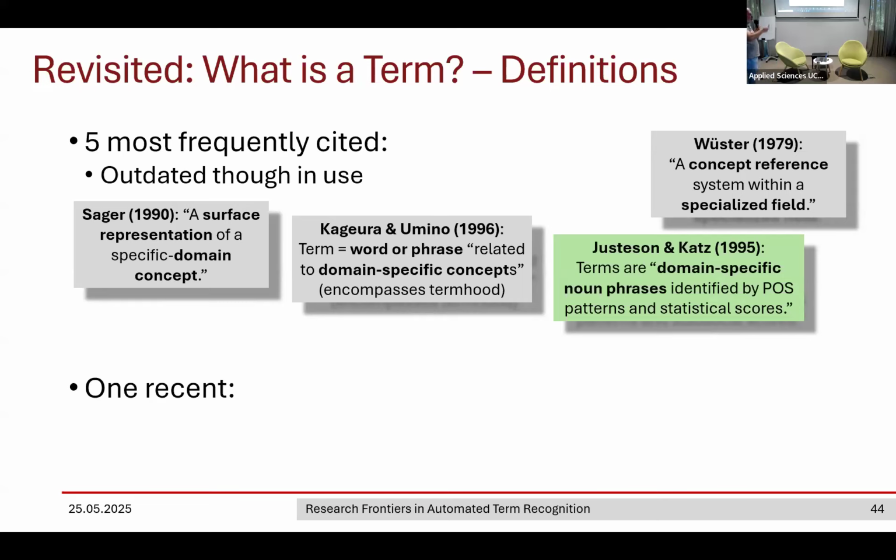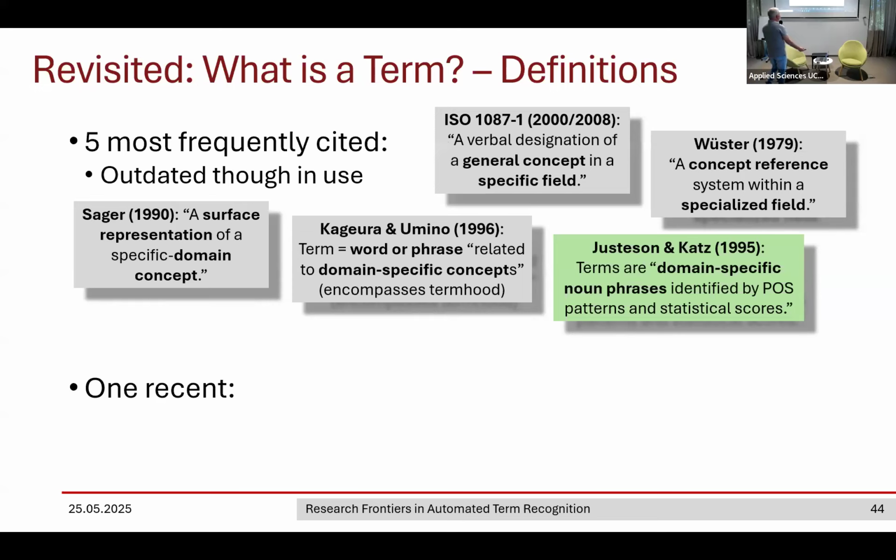So this is a little bit more operational definition, pointing to the methods. And this is the standard. ISO 1087-1 says that a term is a verbal designation of a general concept in a specific field, which is vague and implicit again.